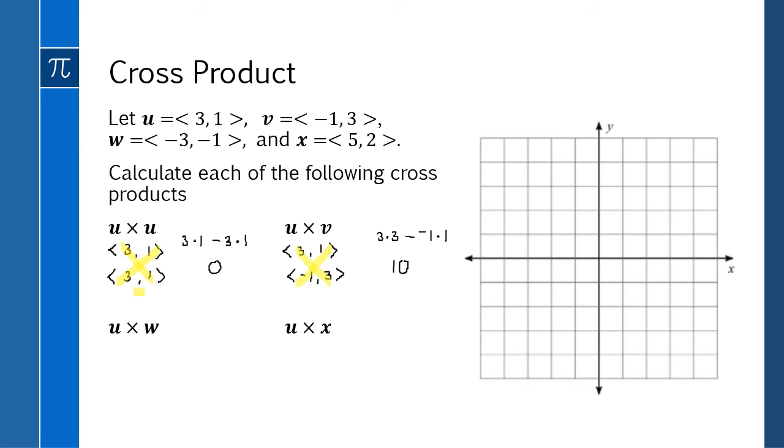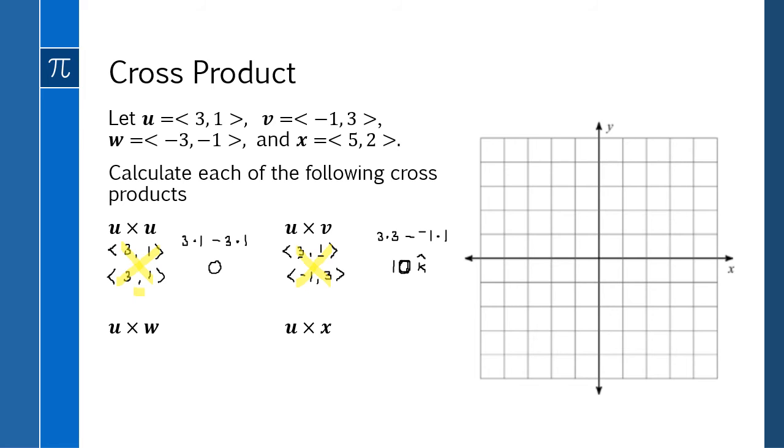If these two vectors have x and y components, which they do, this ordered pair represents x and y, then the resultant vector will be 10 units in the z dimension, so coming out of the page. We can represent that using a unit vector k, so this would be 10 units along the z-axis.